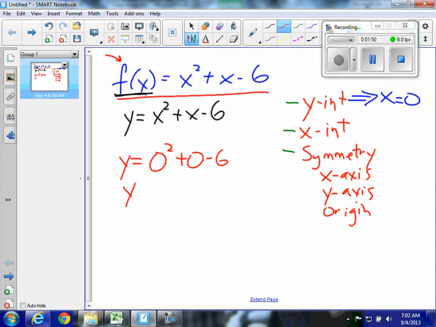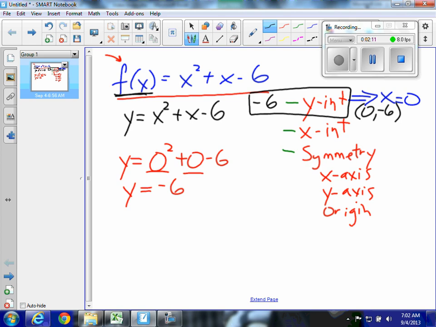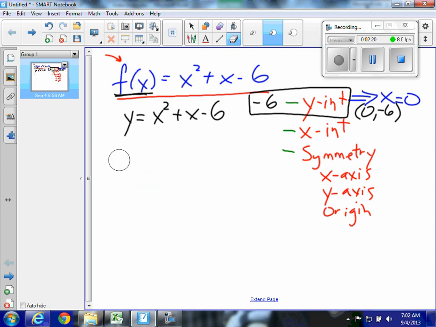So I can see that my y-intercept, where x is equal to 0, is going to be negative 6. I'll write negative 6, my y-intercept. And really, you should put this as an ordered pair, which would be (0, negative 6). I didn't take off any points for that, and I generally won't, but the intercept is an ordered pair. Okay, so we got that part of it.